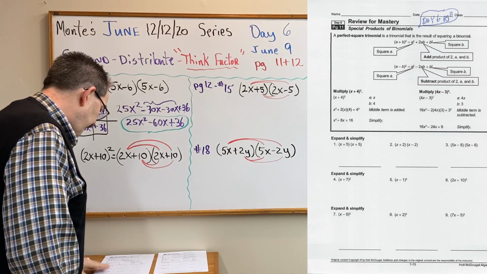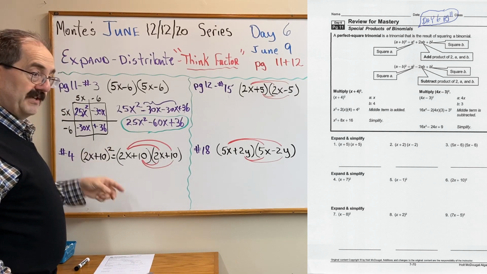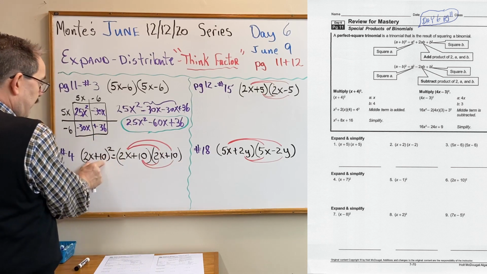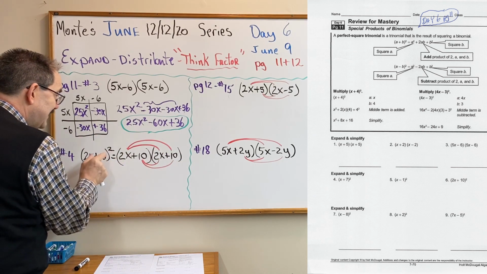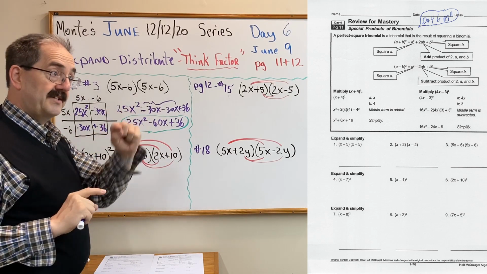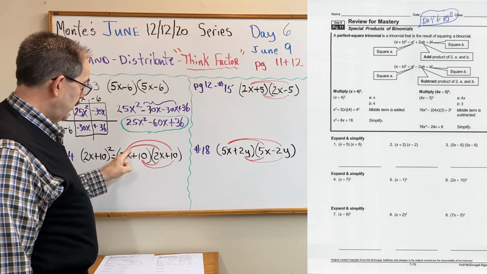Now number 4, you see that little 2 up there. That just means there's 2 of them. The first thing you got to do is expand it. That means 2x plus 10 times 2x plus 10. Remember, x squared is x times x. So break it apart. This one I'm going to use the FOIL method.